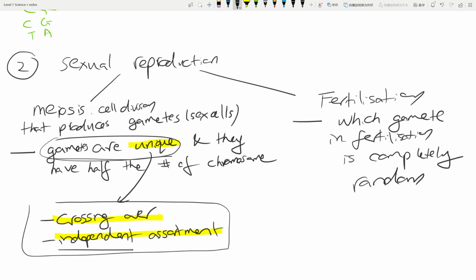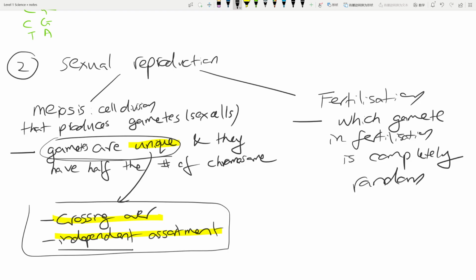So these are the two things that you need to remember. What creates variation? Mutation. Due to changing the base sequence, you make a new allele, and you just end up being different compared to everyone else, and that could be beneficial or that could be harmful. Number two is through sexual reproduction. Because of meiosis, you create unique gametes.